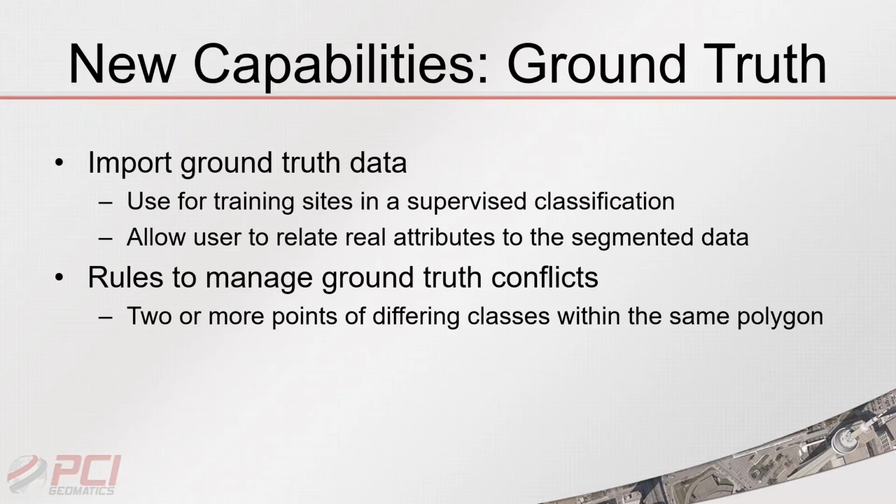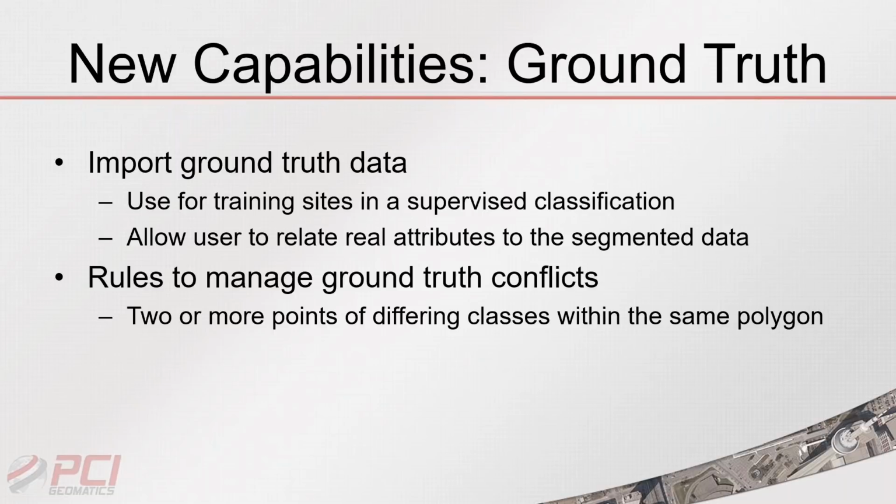Just some other things that have been added. If you are someone who has a lot of reference information from the field, whether you personally went out to the field and collected GPS point data that reflects specific classes, or you're using a reference data set that's been produced by a third party, you can bring that into the system and you can train the algorithm to be used for the classification.